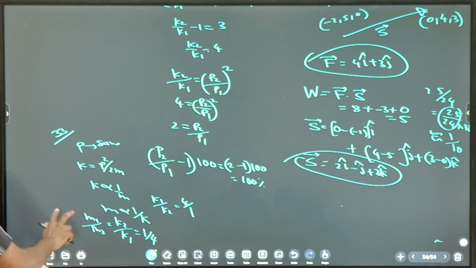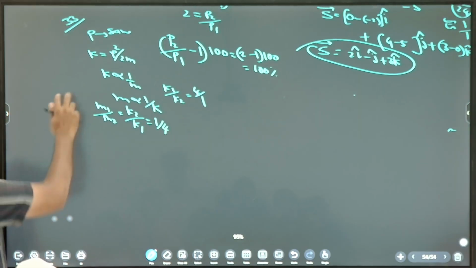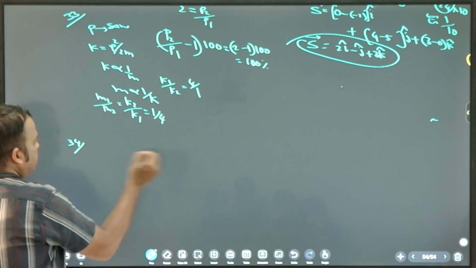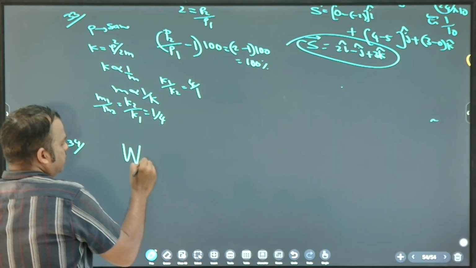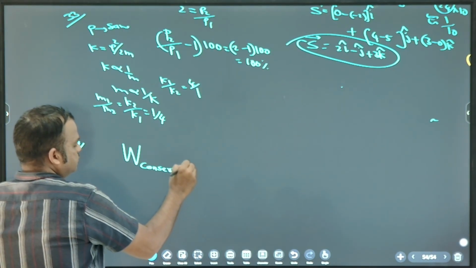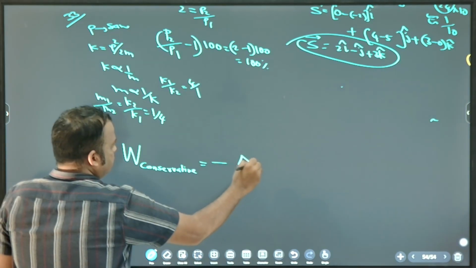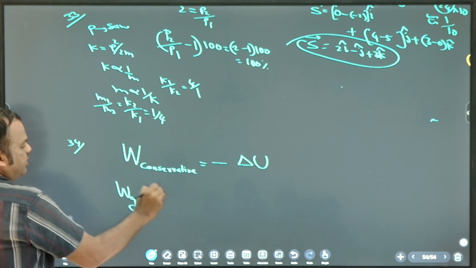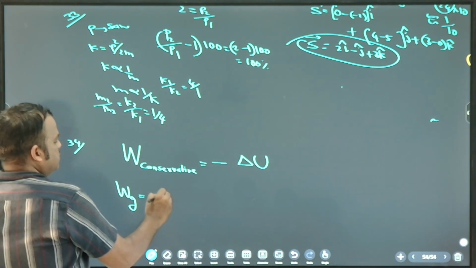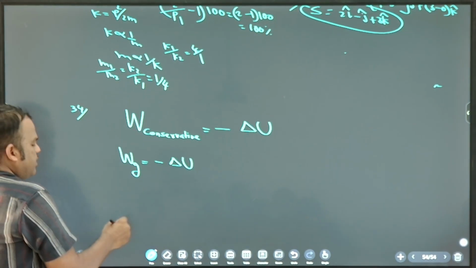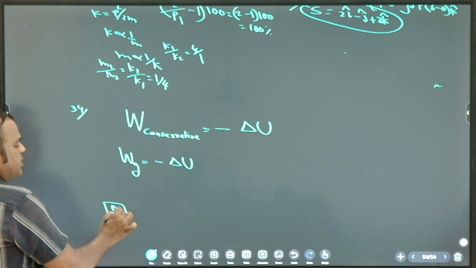Potential energy of system increases if work is done. So see, work done by conservative force is equal to minus of delta U. Like work done by gravity is equal to minus of delta U. For example, the block has mass m.